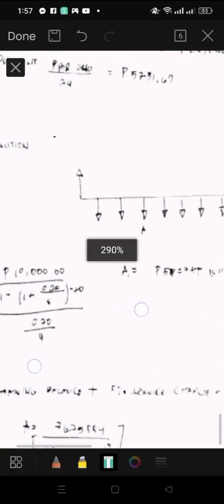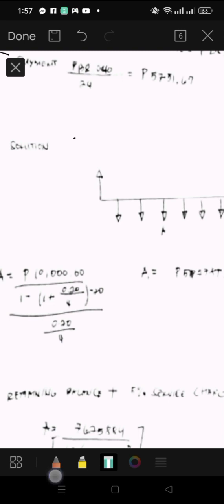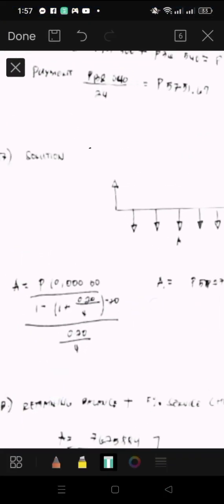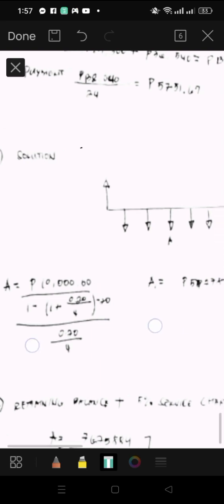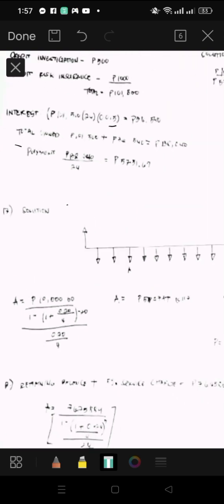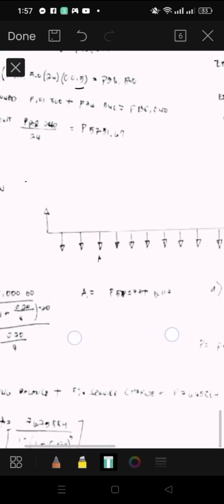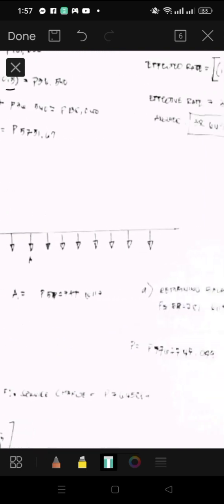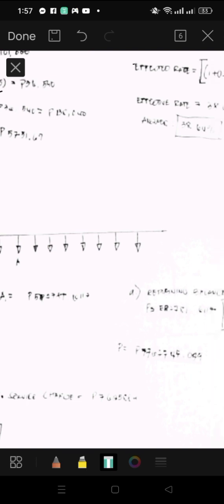So 0.20 over 4, raised to the power of 20, over 0.20 over 4, is equal to 7,762,747.029.